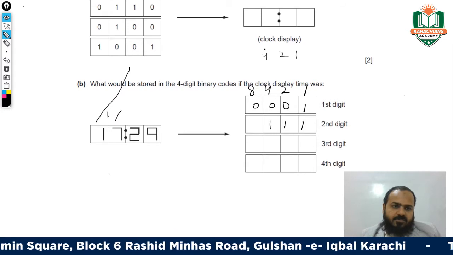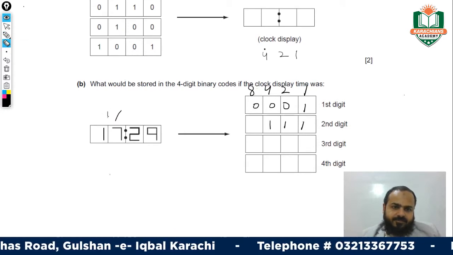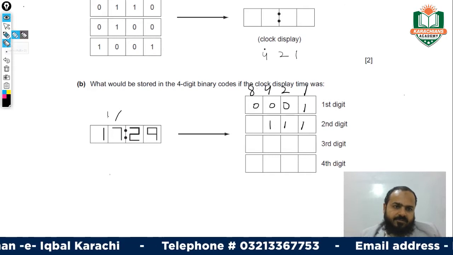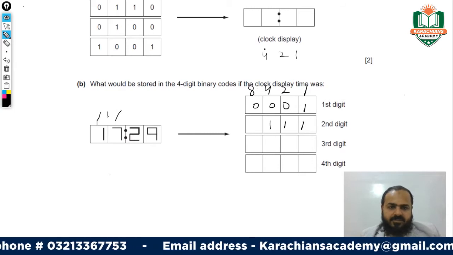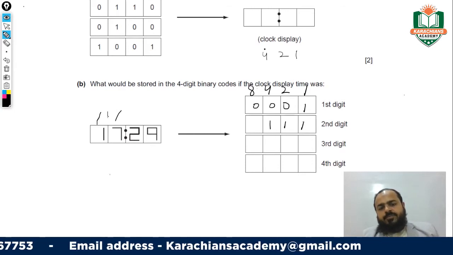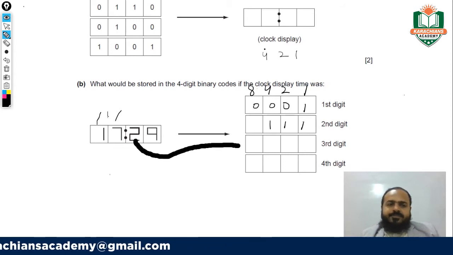This one is also complete. So this one is also complete, and this one is complete. Now we go on number 2.